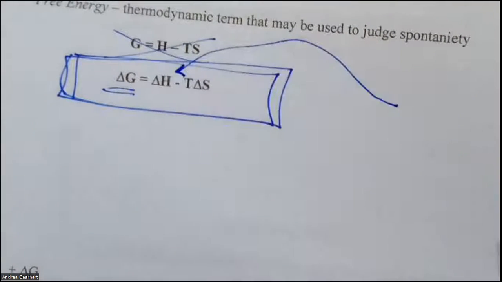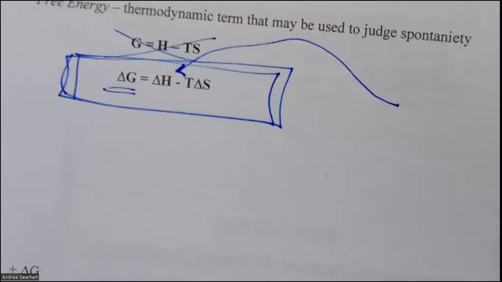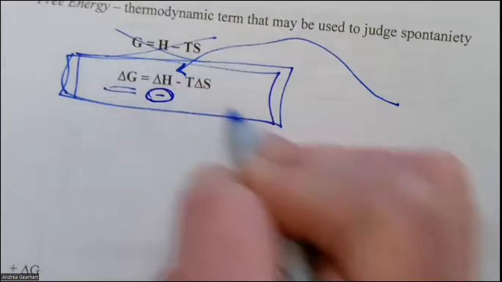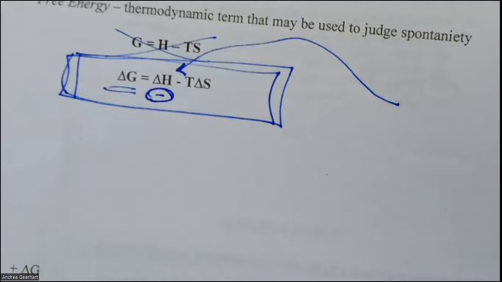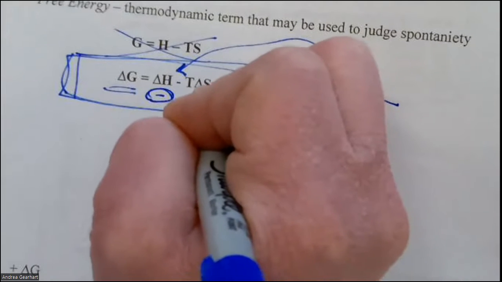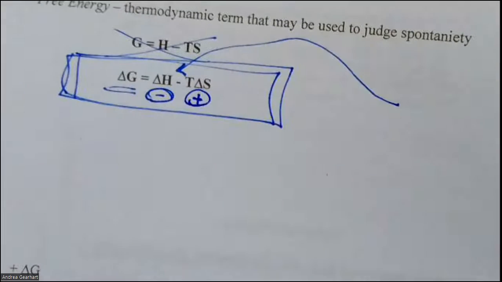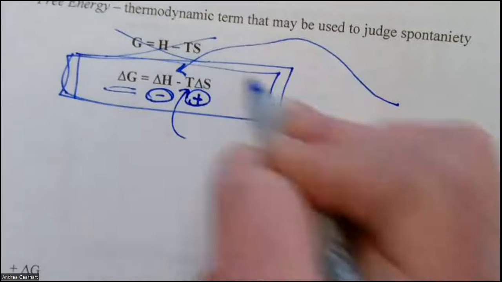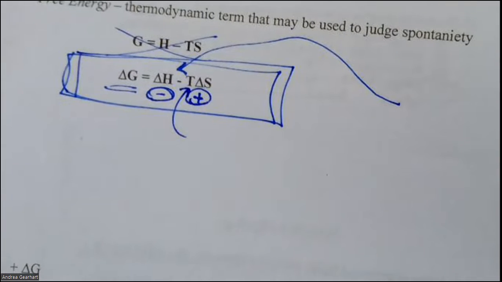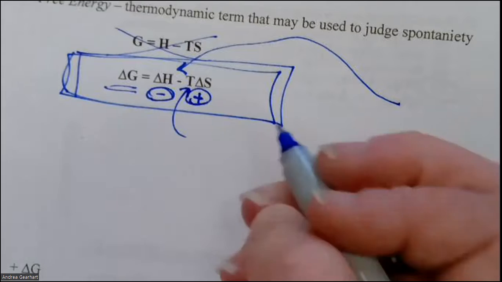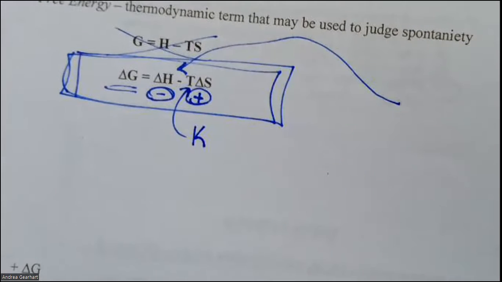So, Luke, as far as enthalpy goes, what sign do we want on the change of enthalpy to be thermodynamically favored? Negative. We want this to be negative. And we want our entropy to be positive. T for this equation must be in Kelvin.